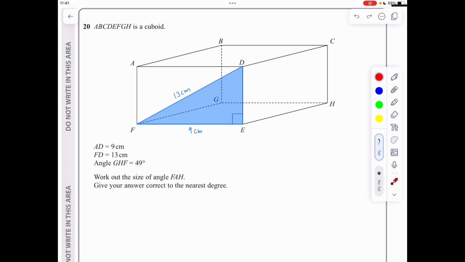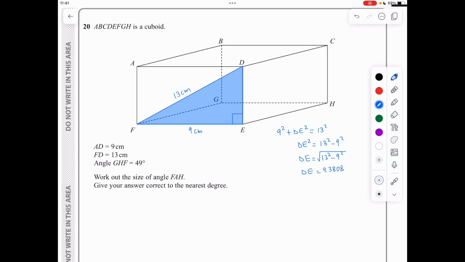Both of these have been given in the question itself, and therefore we can use Pythagoras theorem to say that 9 squared plus DE squared is equal to 13 squared.